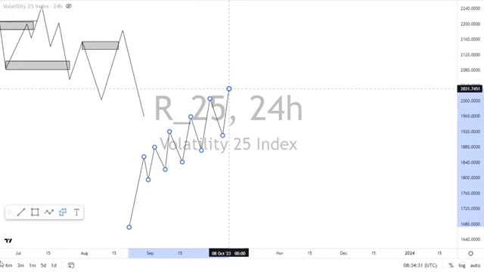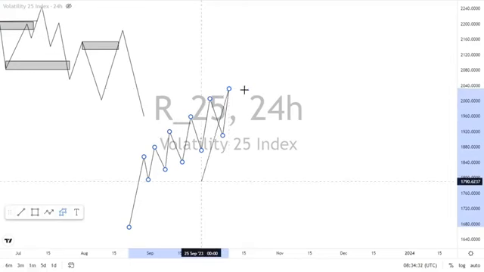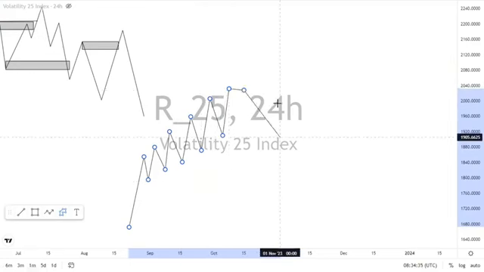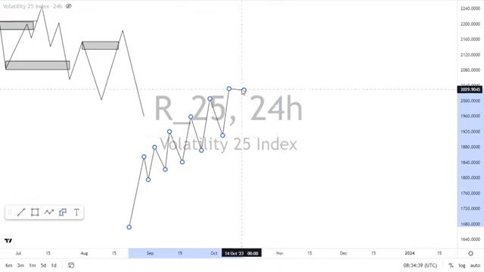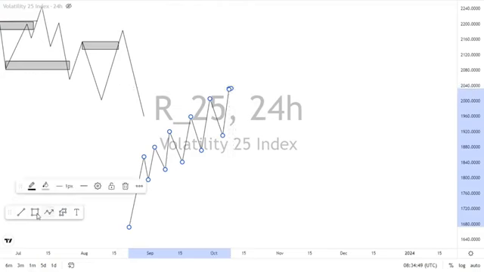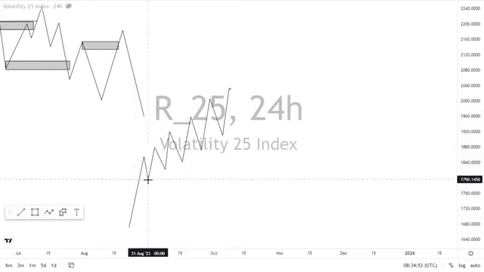Now you can see this trend line being formed. So we have our trend line here, so we're going to be marking that out.